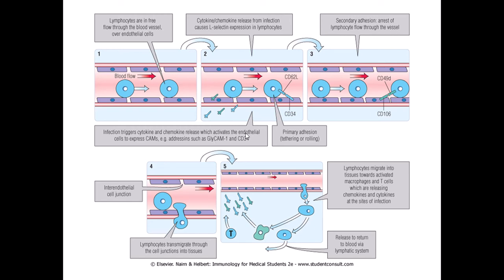Here it shows the rolling cells and how they adhere to the endothelial lining, and then how they develop the intercellular adhesion molecules. They stop, and then they will pass through the endothelial lining into the allocated area in the lymph node, and then they will stop after that. They will home, as we say.